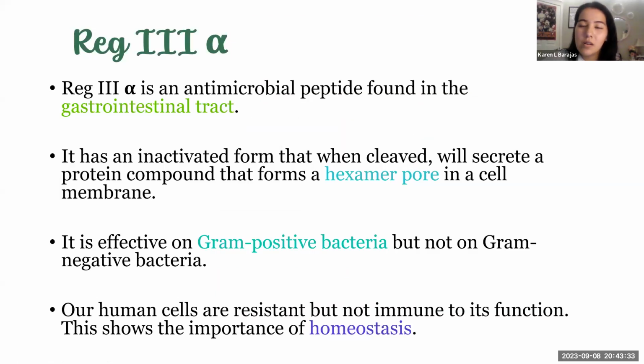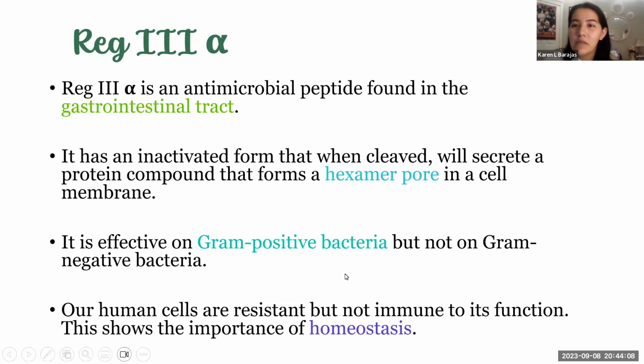And then the other antimicrobial peptide is the REG3 alpha, which basically does the same exact thing and also forms a pore in the cell membrane. It's also found in the gastrointestinal tract, but for this one, it exists first in an inactivated form, which means in order for it to be activated, it needs to be cleaved in order to secrete the compound, which forms a hexamer-shaped pore in a cell and then causes the breakage that causes the cell to die.